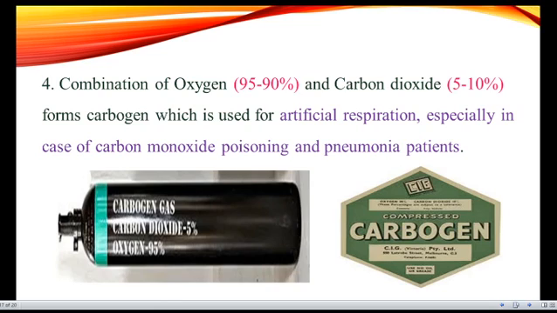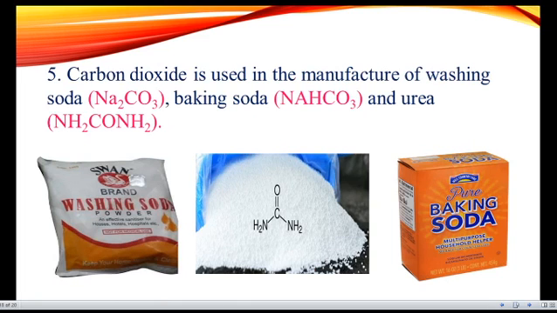Okay, children. The last one, carbon dioxide, is used in the manufacture of various kinds of carbon compounds. To prepare carbon compounds, carbon dioxide is one of the reactants. For example, washing soda, baking soda and urea.